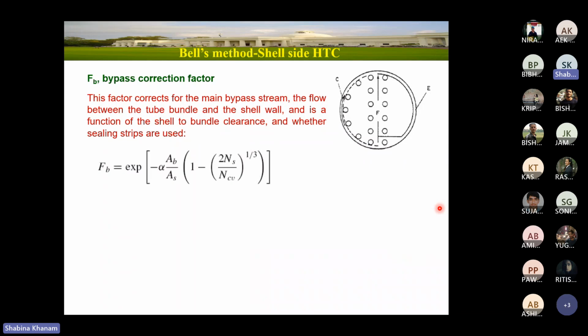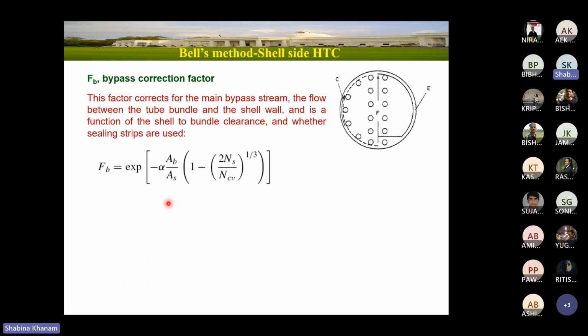So next I'm having is FB, that is the bypass correction factor, which can be calculated by this particular expression. I hope you have the idea of what the sealing strips are and why we need to put them.